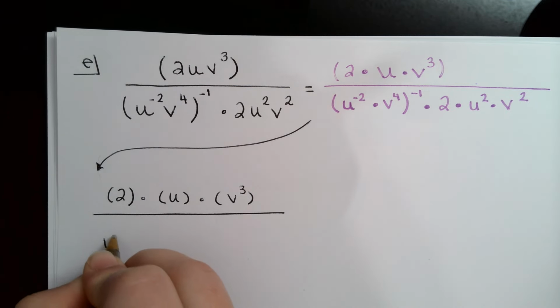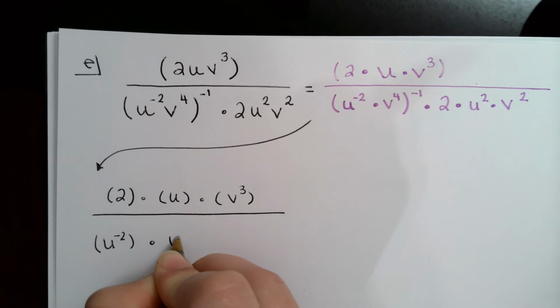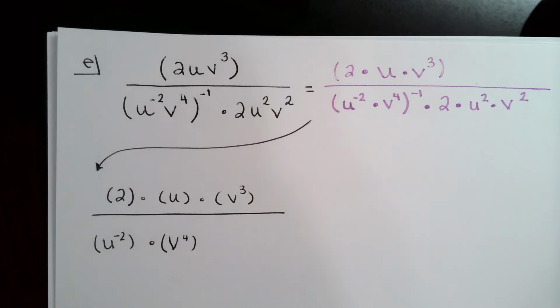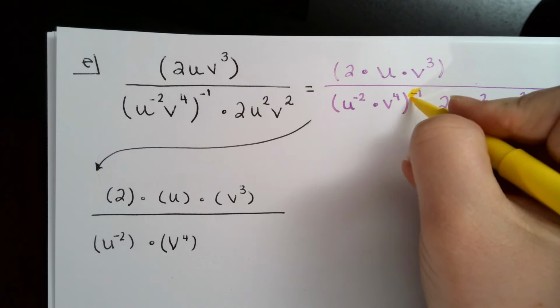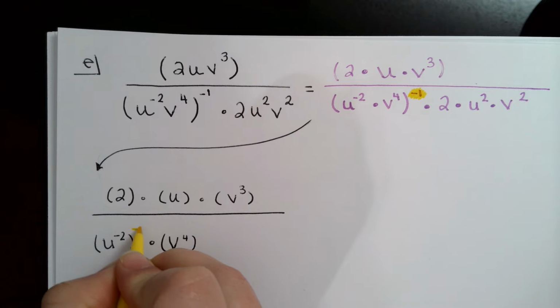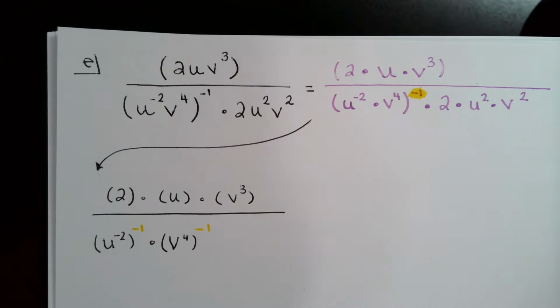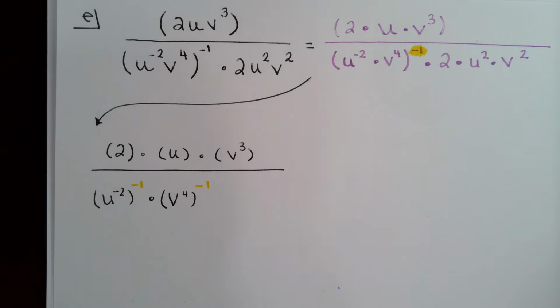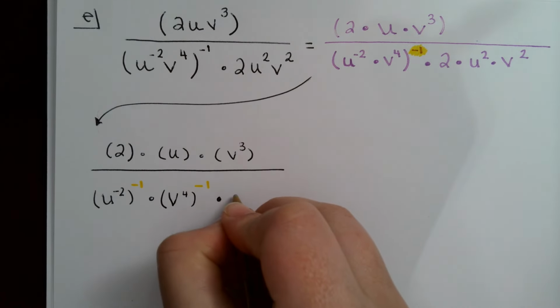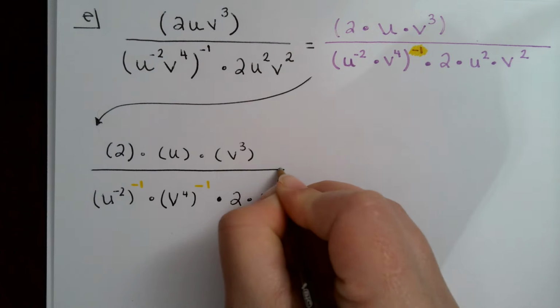Here, u gets a bubble with a negative 2. V gets a bubble with a 4, and this one does have an exponent on the outside of the parentheses of negative 1. So that means my u to the power of negative 2 and v to the power of 4 both have an exponent of negative 1. Then we have 2 times u squared times v squared.